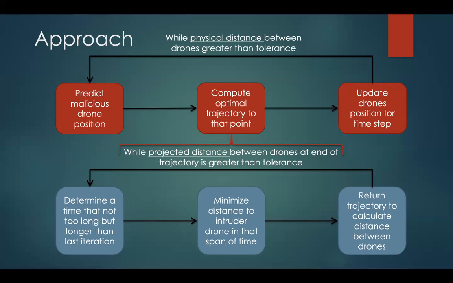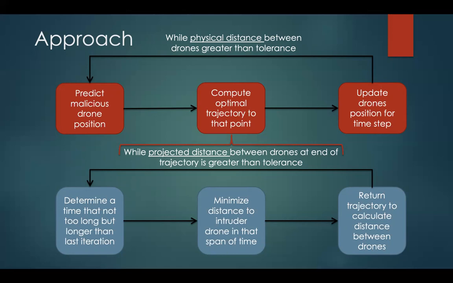And then finally we update the drone's position for the next time step. Within the second step, computing the optimal trajectory, that's where we run our optimization. And we run this until the projected distance between the two drones at the end of the trajectory is less than some tolerance.